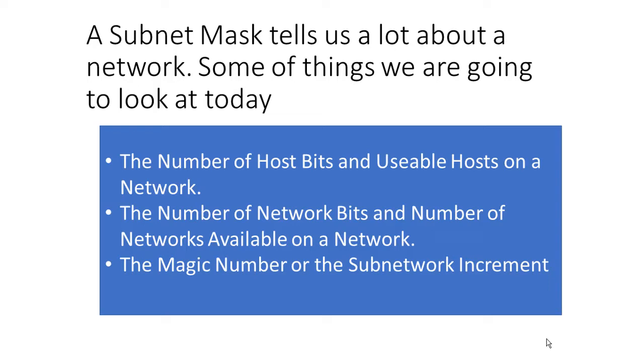We're going to look a little bit at the network bits and how we can use those network bits to determine the available networks. And then lastly, we're going to look at the magic number and how to determine the subnetwork increment. Now, we're not going to do very much with that other than just starting to look at it. We're going to use that in a later video.